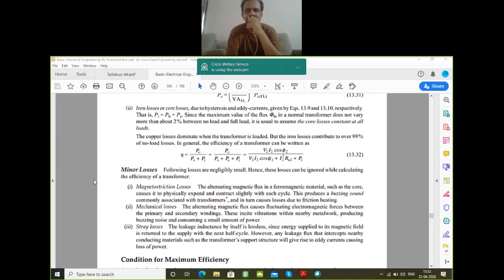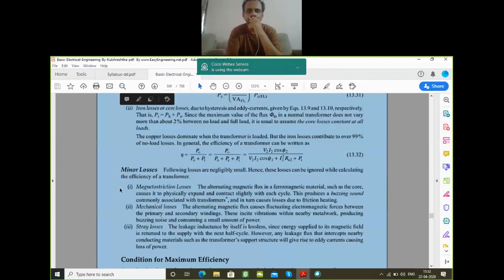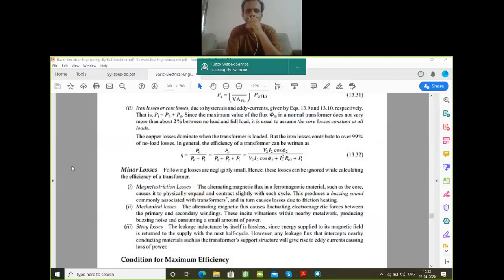Magnetostriction loss occurs when magnetic flux in a ferromagnetic material such as a core causes it to expand and contract slightly.